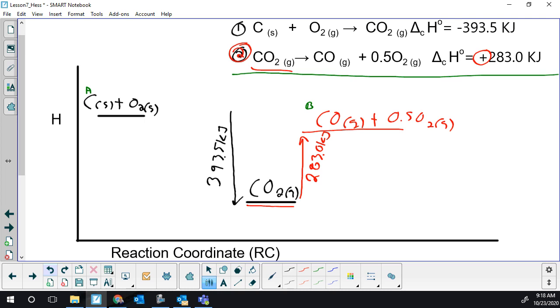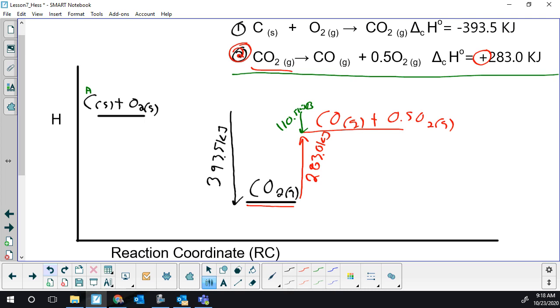So if you actually do the net, if you take out half an oxygen, you get carbon plus half an oxygen makes carbon monoxide. What we just solved for in the net is that green arrow. That's that minus 110.5 kilojoules.